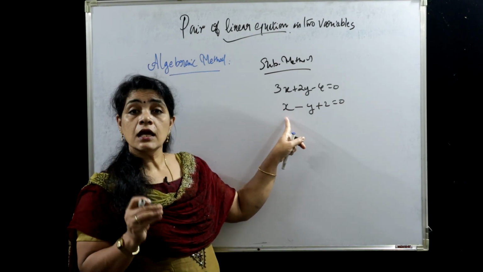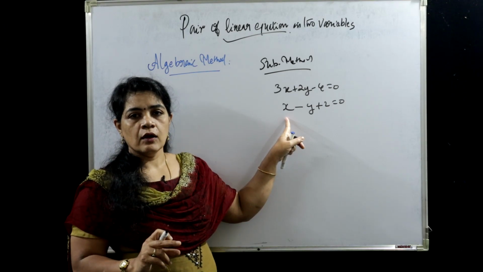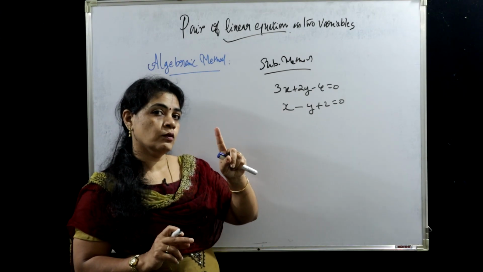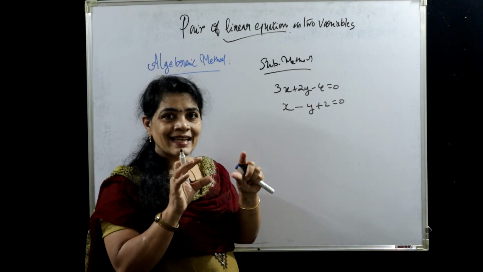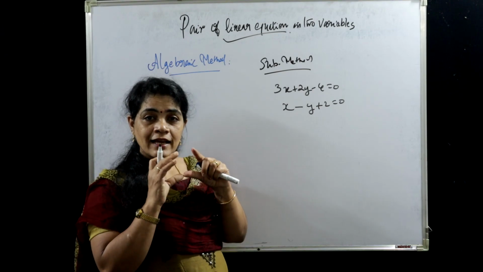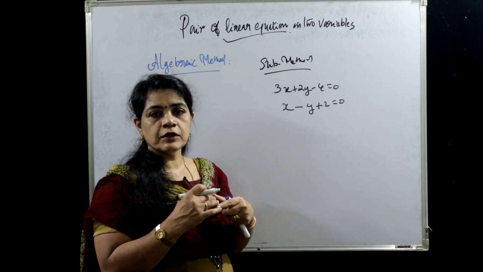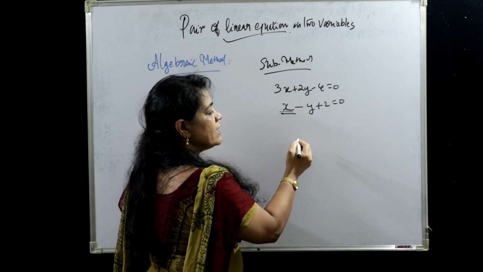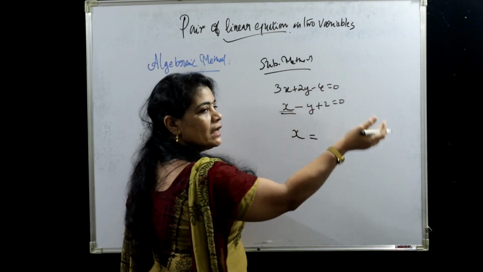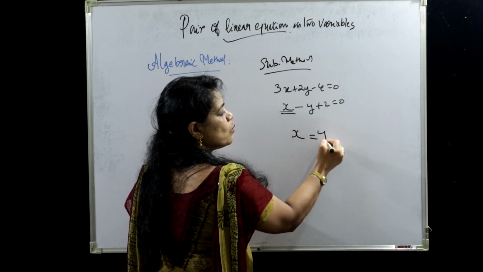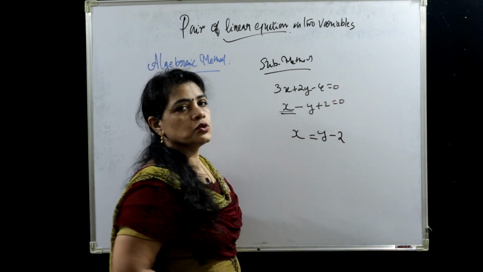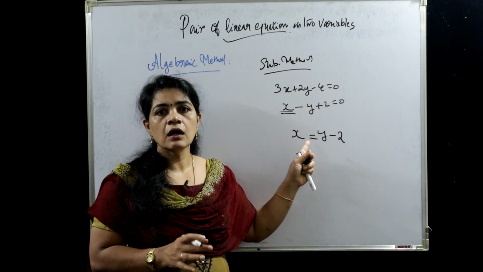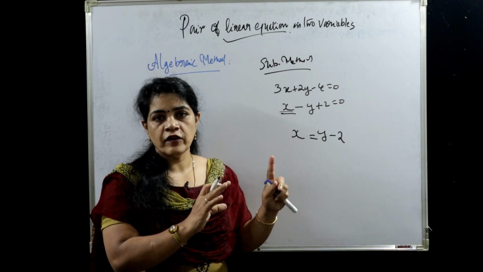But here, in one of the equations, both variables have coefficient 1, and in such cases you have to select that equation first and express it with respect to one of the variables. That is, you can keep x alone from the second equation by taking y and the constant to the RHS, that is, x = y - 2. You can substitute this value in the first equation. Hence, you can reach the solution for x and y.